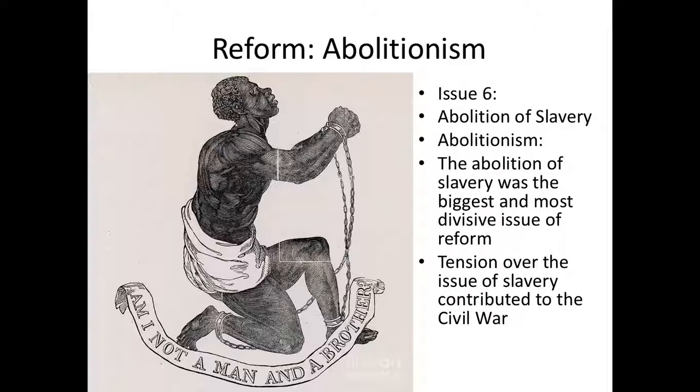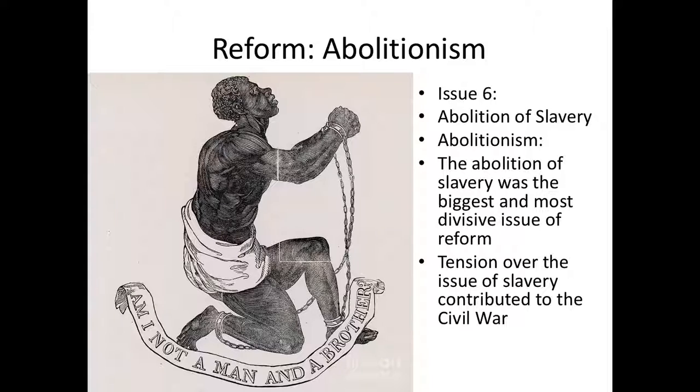And this will be the reform issue that the South feels most threatened by. And whenever Abraham Lincoln is elected in 1860, a lot of southern states feel like he is going to cause the abolition of slavery in the South, even though he initially promises not to do that. More on that later on.